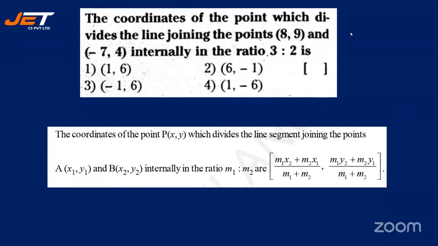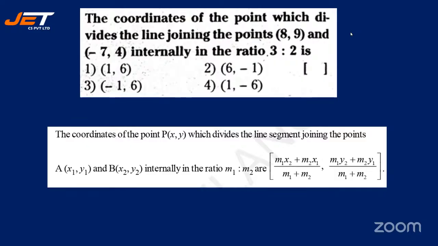Now your question goes: the coordinates of the point which divides the line joining the points (8, 9) and (-7, 4) internally in the ratio 3:2 is dash. We always know that we have a formula.